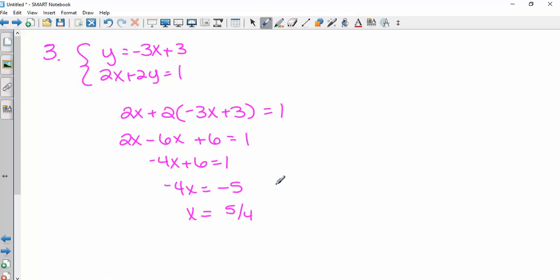So then you have to plug that back in. Easiest way is probably the first equation.